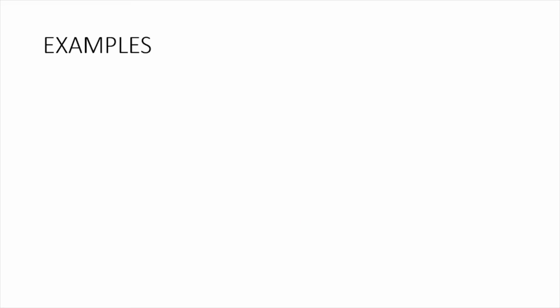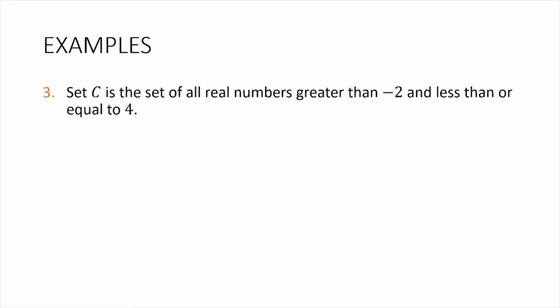Next. Set C is the set of all real numbers greater than negative 2 and less than or equal to 4. So let's start with the graph. Then we have here the first number, or the first point of interest, if you will, negative 2.